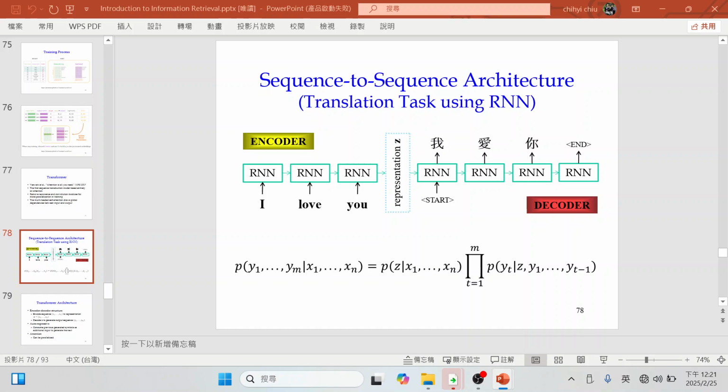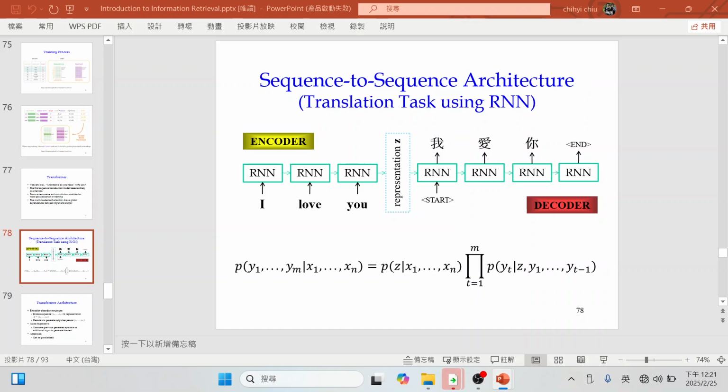You can think of it as giving n tokens as input, and given this condition, I estimate the probability of generating y1 to yn tokens. This probability can be calculated this way. The first term is, given the input, the probability of generating the representation Z, times the probabilities for each token.